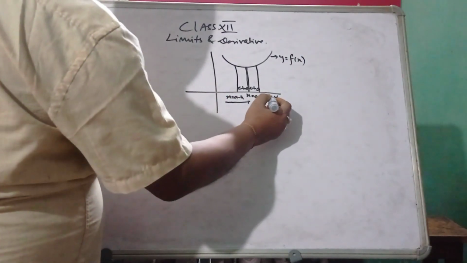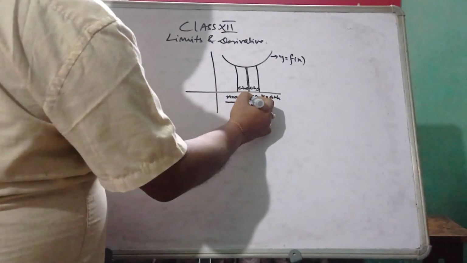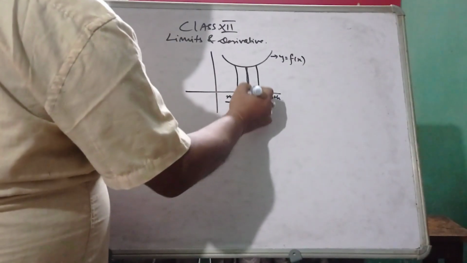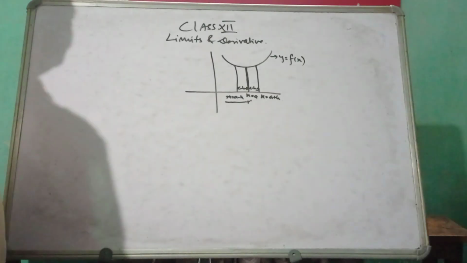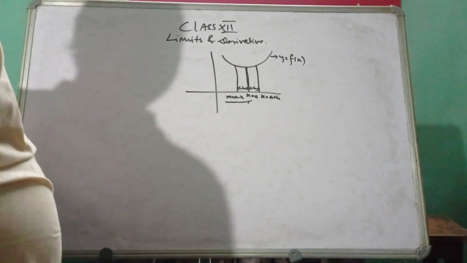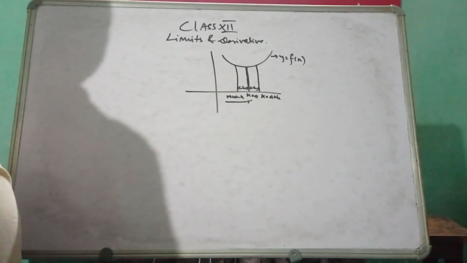And at the same time, if you move from the right side and you are almost going to reach x is equal to a, and your result is f(a), that means at x is equal to a it is continuous. This is all. This is a simple theory.